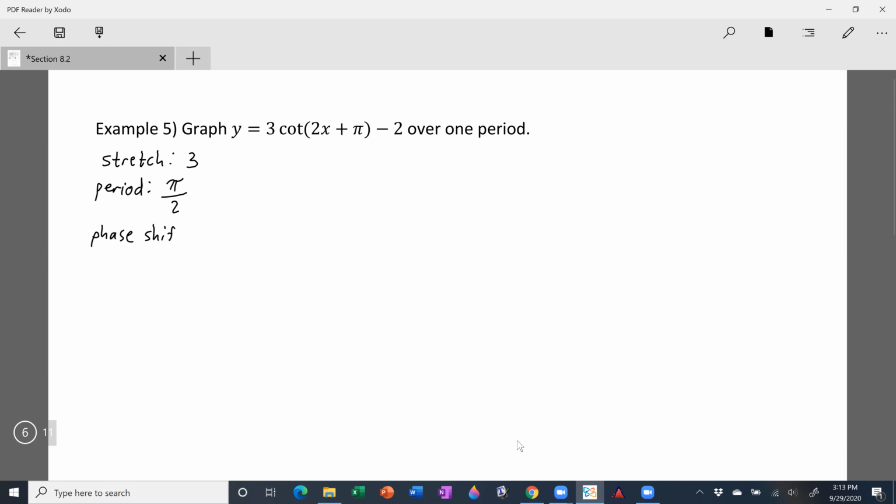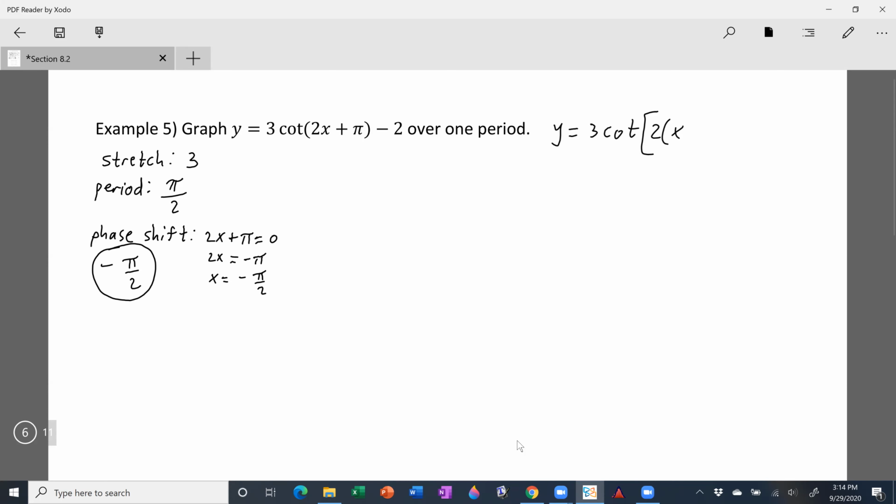Phase shift. Okay, so there is that extra stuff in there. So remember, you always take the argument and set it equal to 0. And you can find out what the phase shift is. So negative pi over 2. Okay, and whenever that happens, I do like to show the alternative way of writing this because it is a very common way to write these with the b factored out.